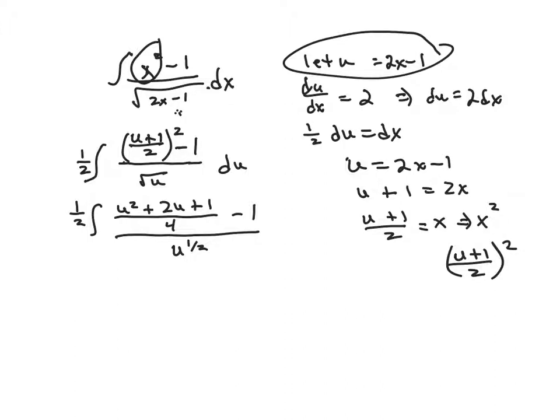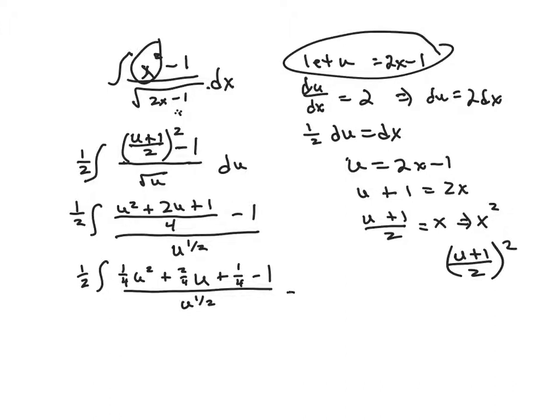The next thing I'm going to do is separate this top here. So this would be 1/4 u squared, because it's u squared divided by 4, plus 2/4 u plus 1/4 minus 1. All of that's over u to the 1/2.